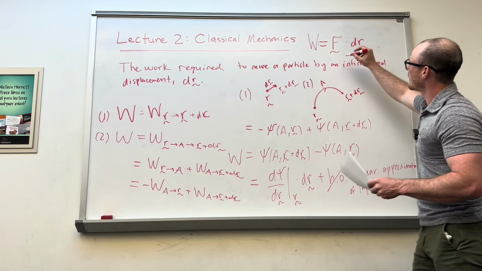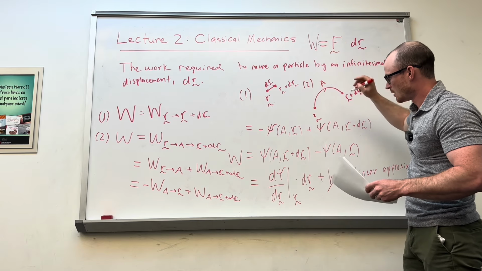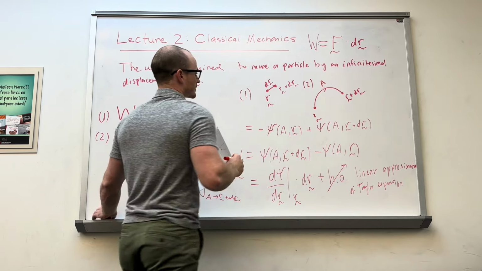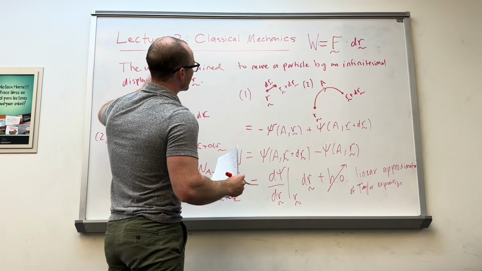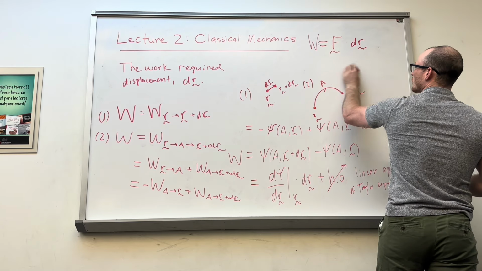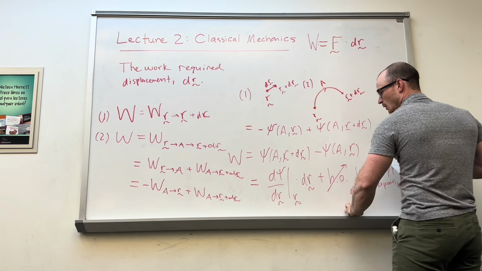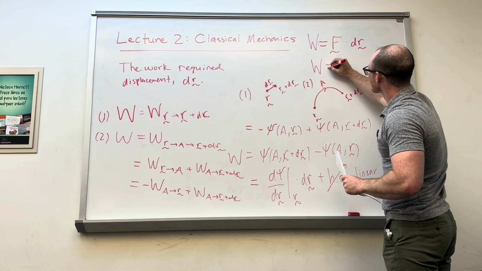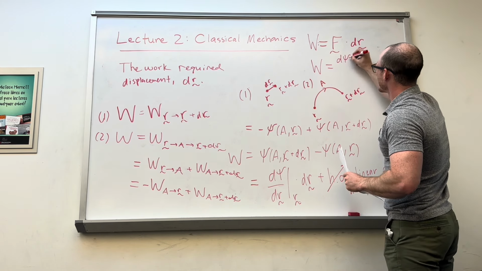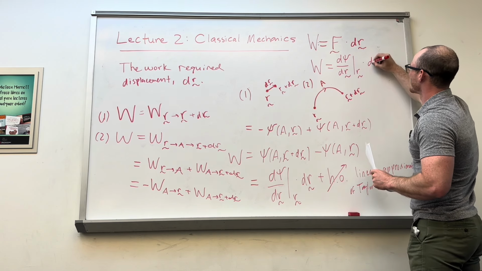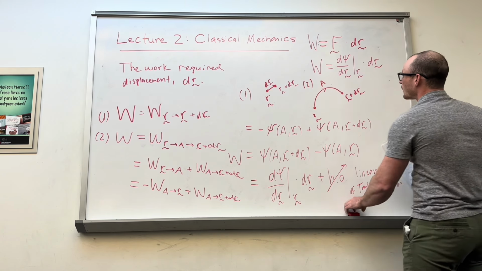But if we compare our definition for work with what we have now, let me rewrite what we have now in a more clear way here. What we just derived was that the work is equal to d psi dr evaluated at r dot dr. So what does that mean?